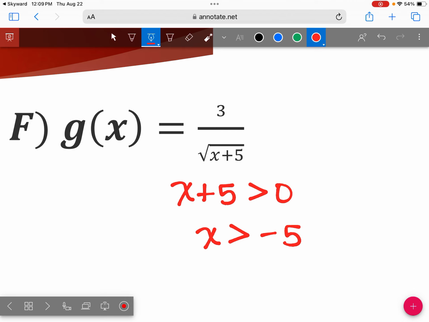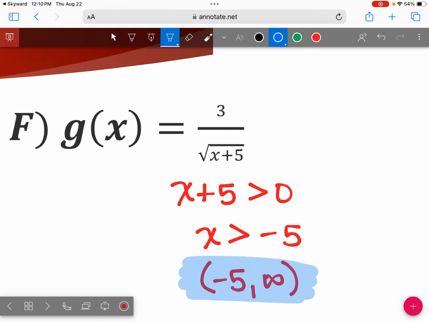Go ahead and write that in interval notation. So because it's not equal to, we have a parentheses on both sides. -5 to infinity, and that would be your domain.